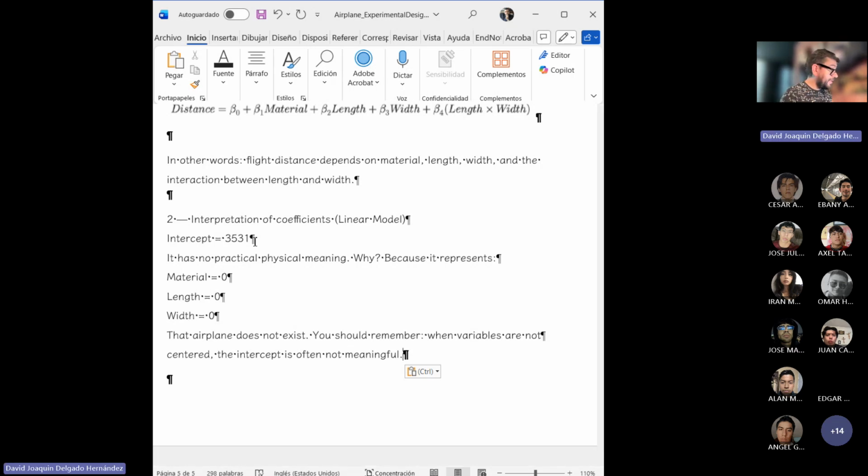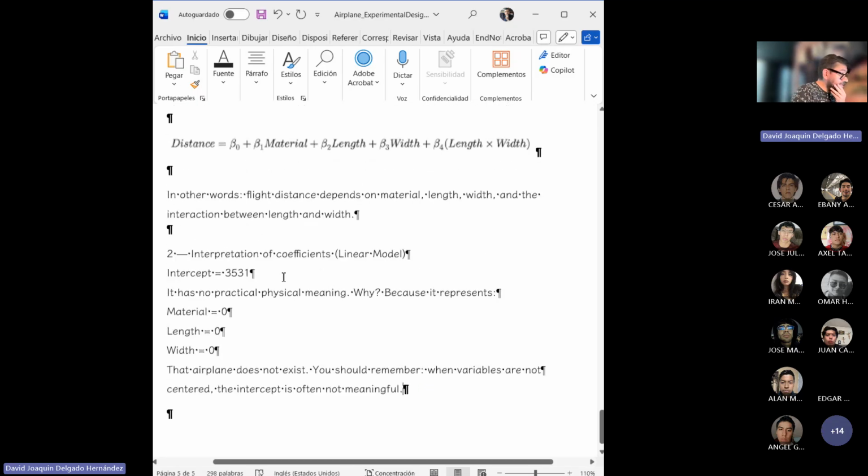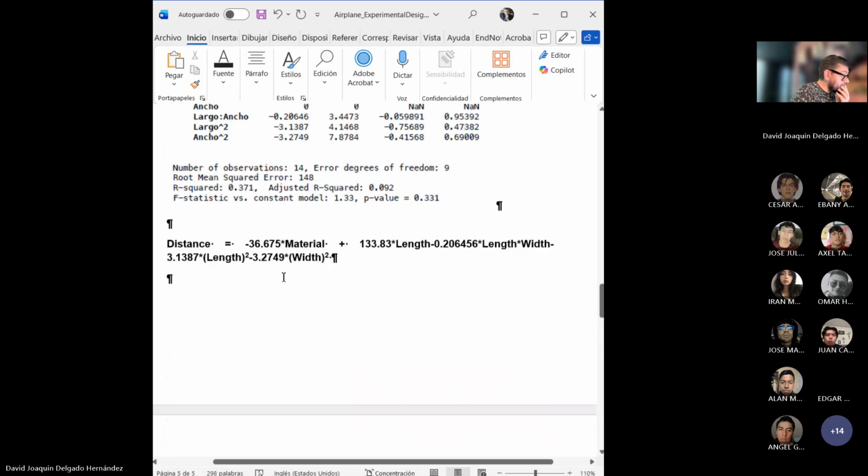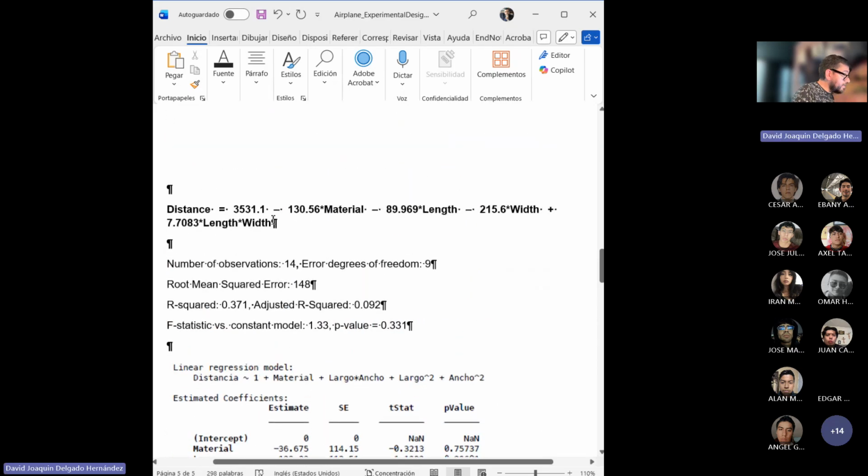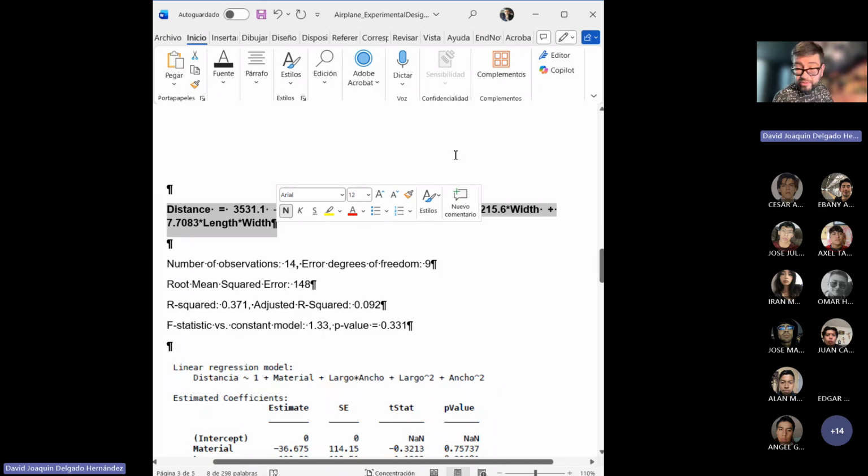We cannot interpret this value as such, because that would mean everything else is zero. If I have in this model material zero, length zero, and width zero, the only term that survives is the very first, 35.31. That would be the distance.